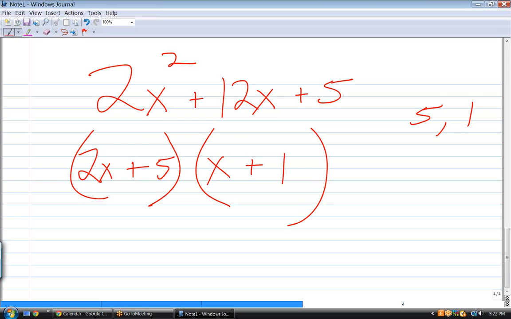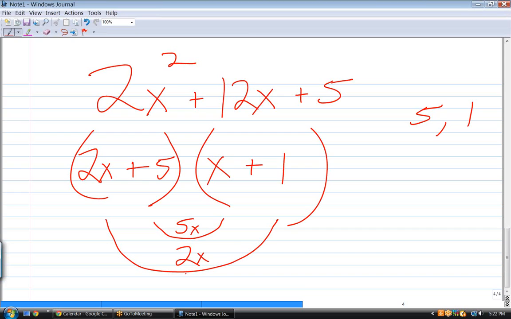Use your double smiley face to see if this works. What's that equal to? So that would be plus 5x, and that would be 3x plus 2x. Remember, anything multiplied by 1 is the same thing. So when I multiply 2x by 1, I still have 2x.